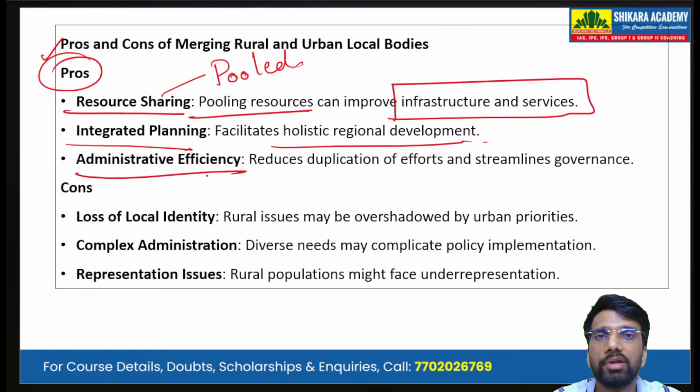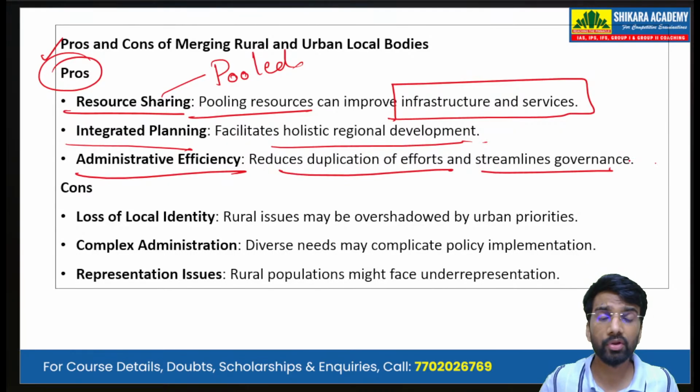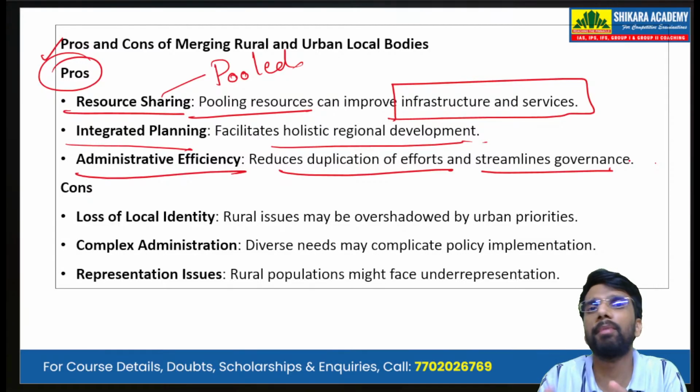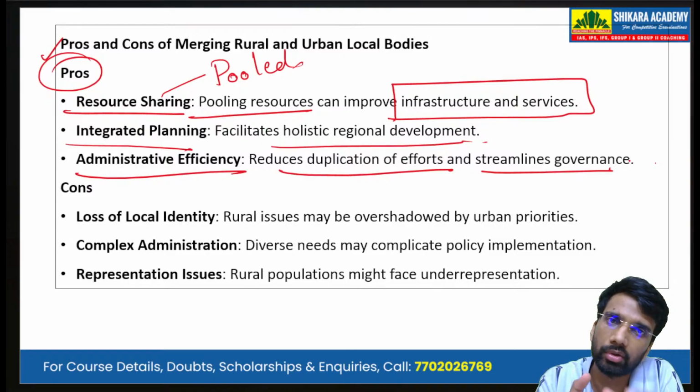Thirdly, it is about administrative efficiency. It will reduce the duplication of efforts and streamline governance, because of the presence of these two parallel branches of governance, the urban local bodies and the rural local bodies.